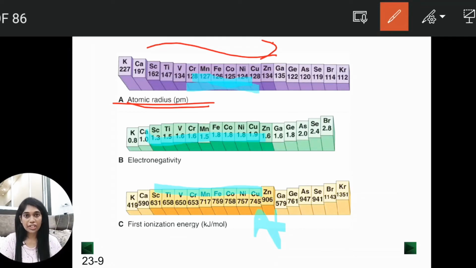I have already shared a video on the shielding effect, so you can watch that video. In the case of zinc, the atomic size is more as compared to the other elements, because of inter-electronic repulsion. Due to that, the size of zinc is slightly larger as compared to copper.